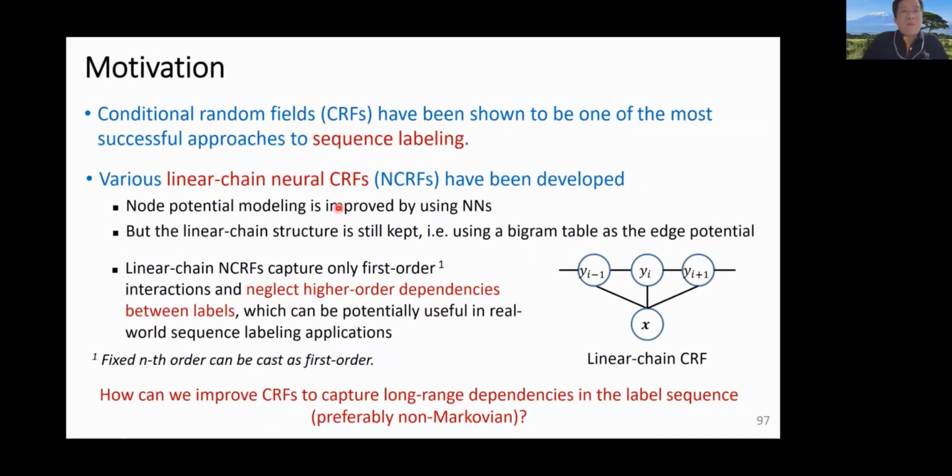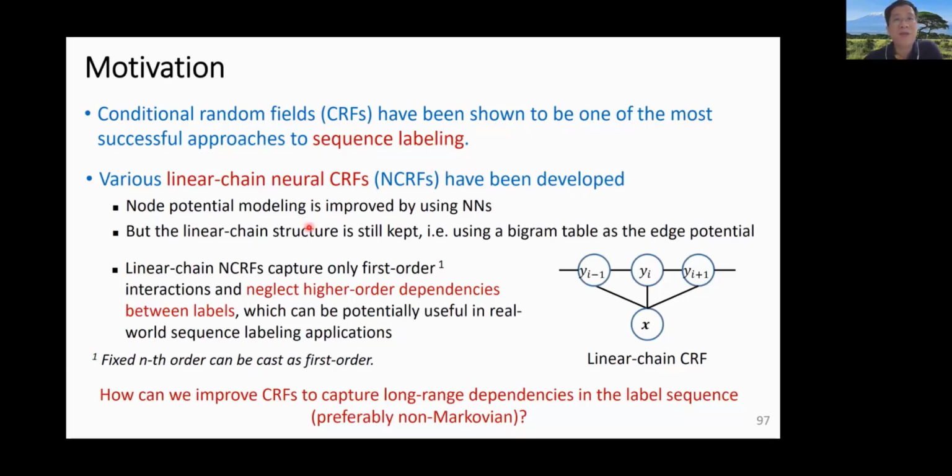Here, first comes the motivation. Conditional random fields have been shown to be one of the most successful approaches to sequence labeling, and various linear chain neural CRFs, as we introduced before, have been developed.